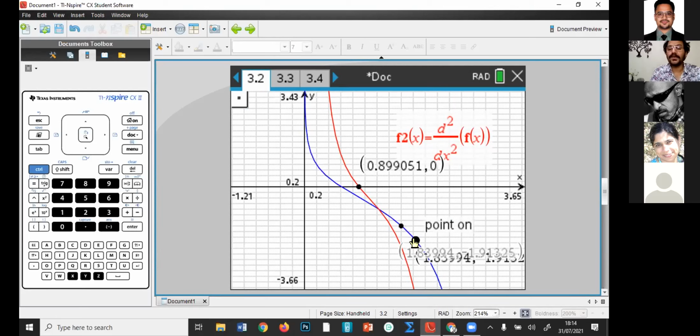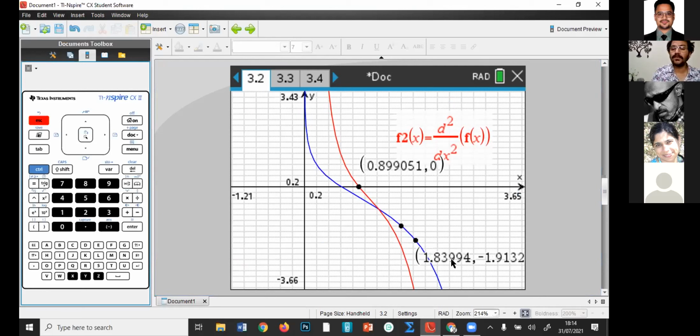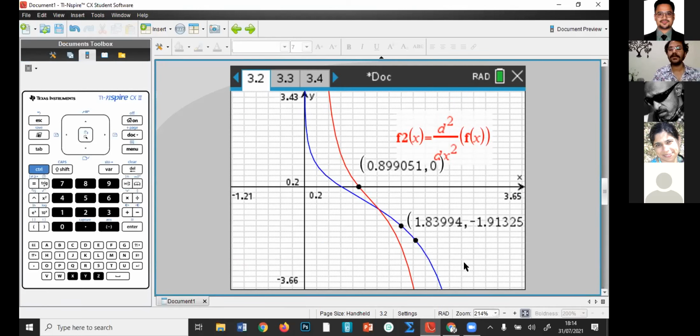Once you do this, you see this point has a coordinate, right? But we would like a point whose x coordinate is 0.899051. So we select it, right click, and store it as some variable, maybe x1, and enter. Now out here, I double click and write x1 and enter. So this is the point we are looking at.